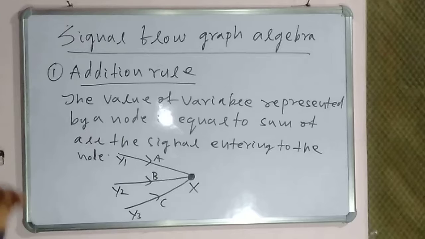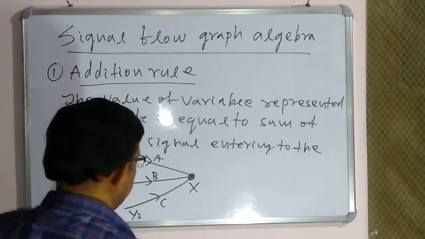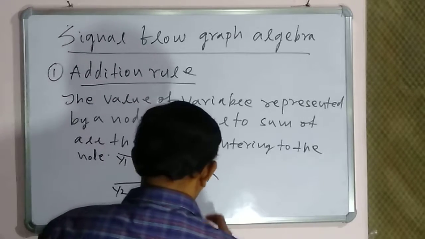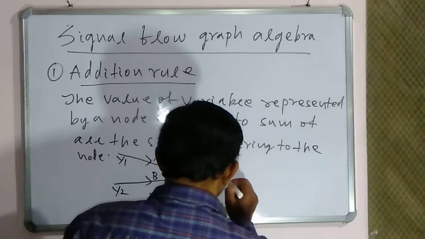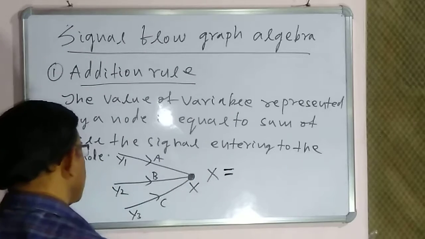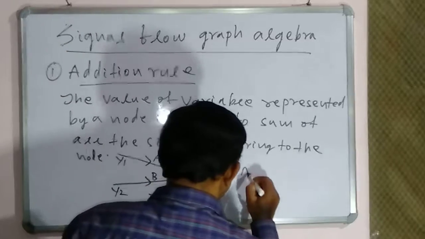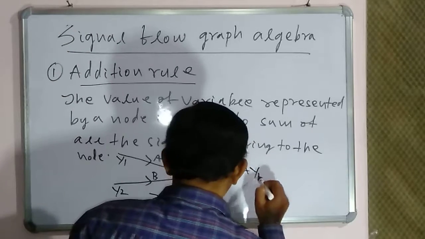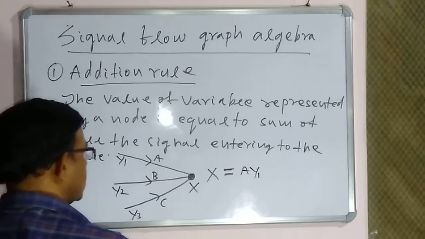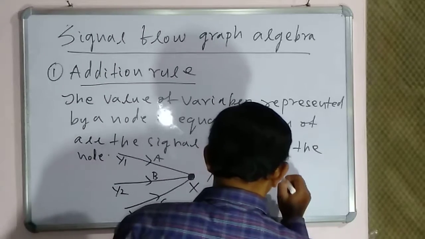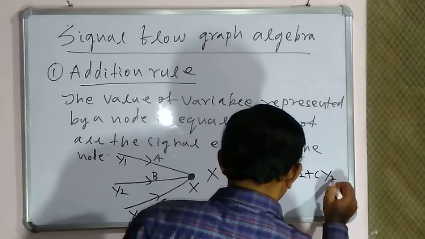So addition rule means the value of the variable represented by this node, that is X, is equal to the total signal, that is the sum of all the signals transmitted to this node. That is AY1, the gain times the signal, plus BY2 plus CY3.